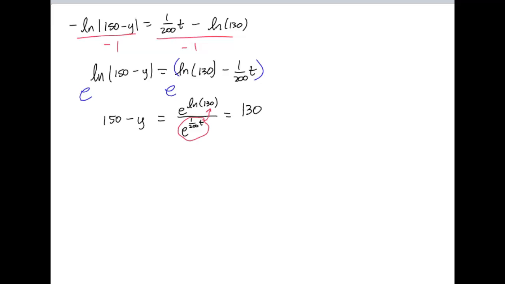So 130 e to the negative 1 over 200t, right? Okay. Last couple steps. I can just add y and subtract that 130 e to the negative 1 over 200t, and I'm going to end up with y equals 150 minus 130 e to the negative 1 over 200t.